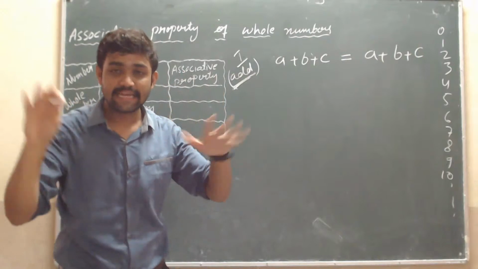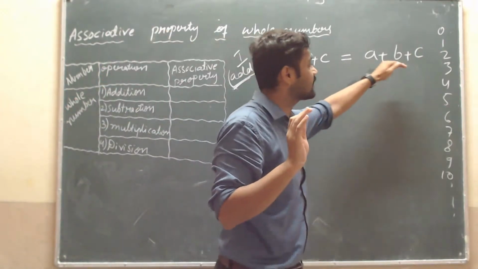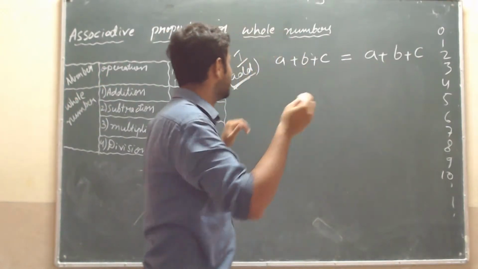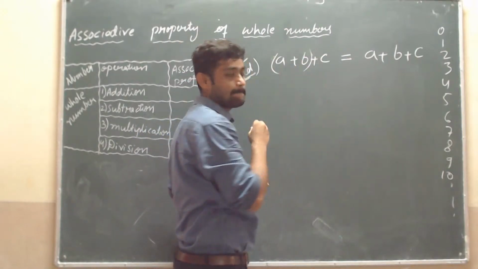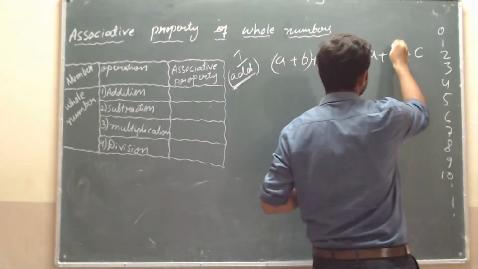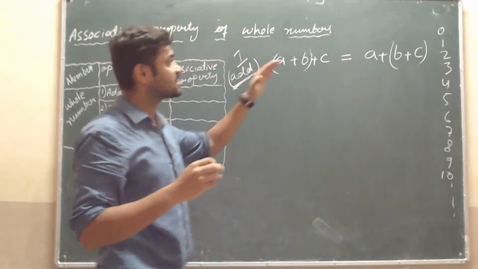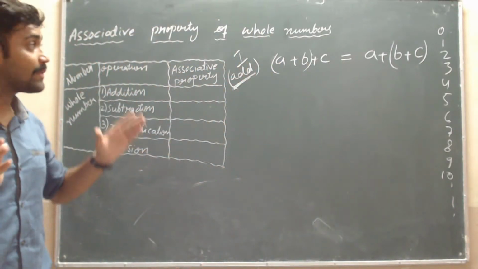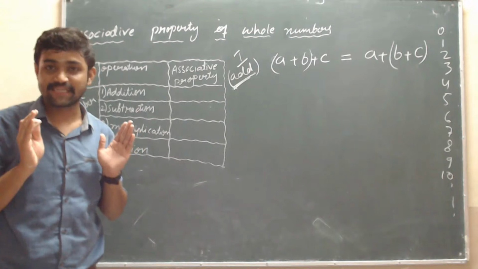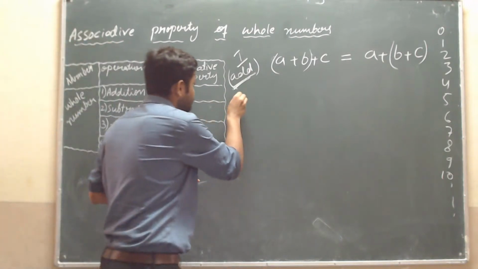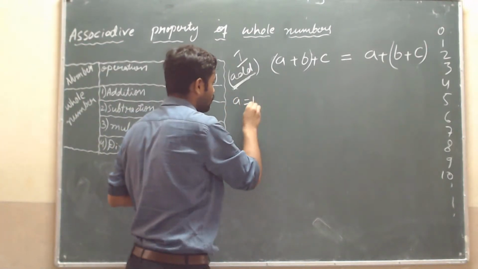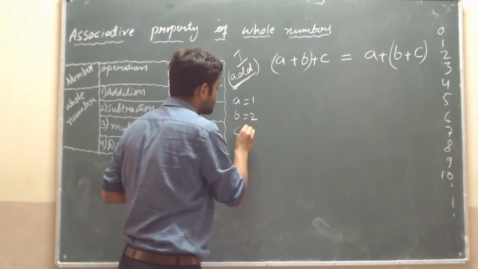Put brackets anywhere in these numbers. See, first I will add brackets here, then there, and the answer should be the same to obey the associative property. Did you understand? I will take A is equal to 1, B is equal to 2, and C is equal to 3.